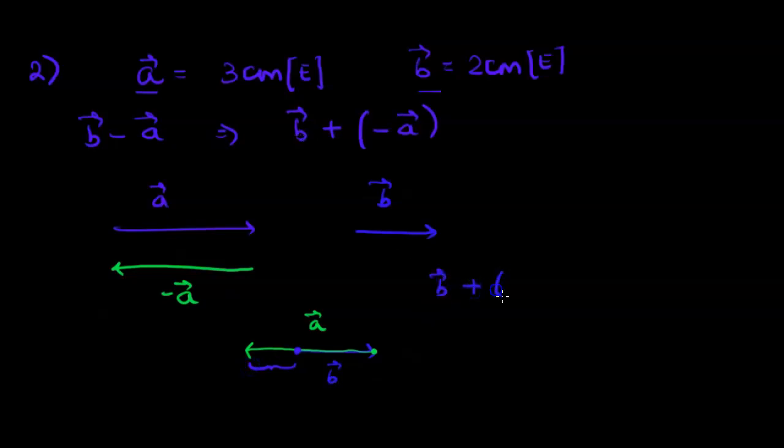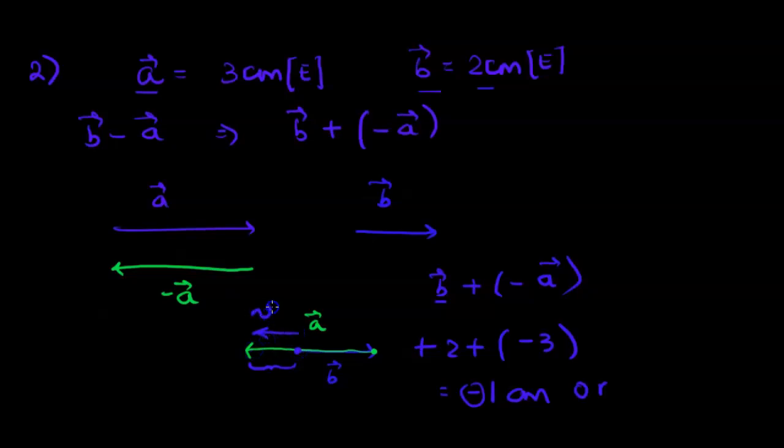We do B plus negative of A. Vector B is a plus 2. Negative A is going to be a negative 3, which gives a negative 1 centimeter, where negative means west, and we can clearly see that our start point to stop point is going in the west direction. So we can write it as 1 centimeter west.